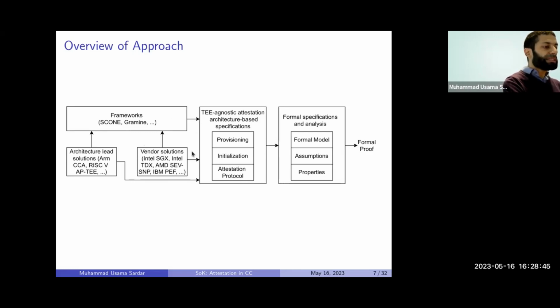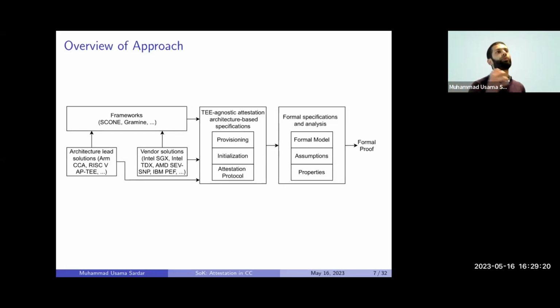So any of these three solutions or frameworks can be input to these TE-agnostic attestation architecture-based specifications. And the advantage of being TE agnostic is that it can be used to specify whichever TE is given to it as an input. And what exactly is specified here is basically three things, or three phases, so to say, of the attestation mechanism.